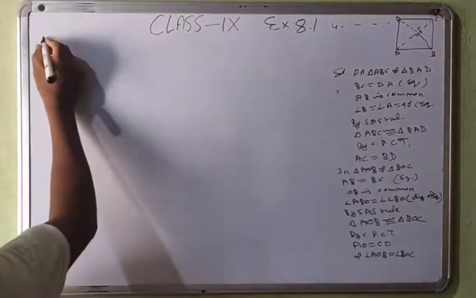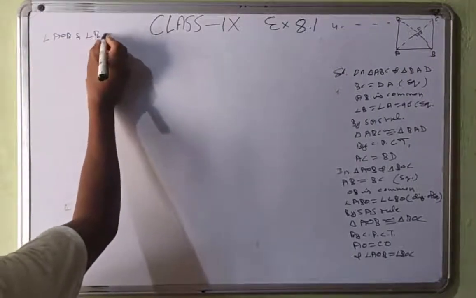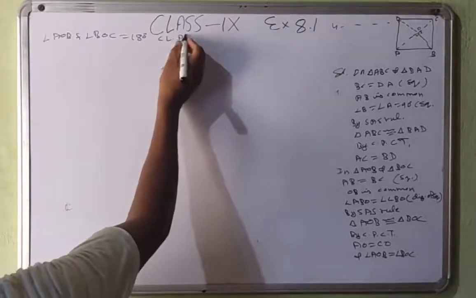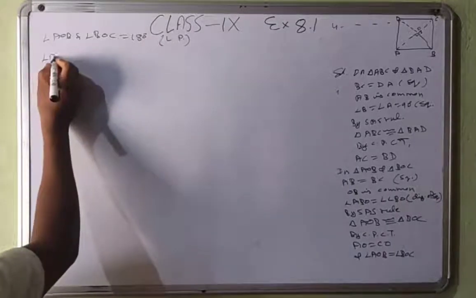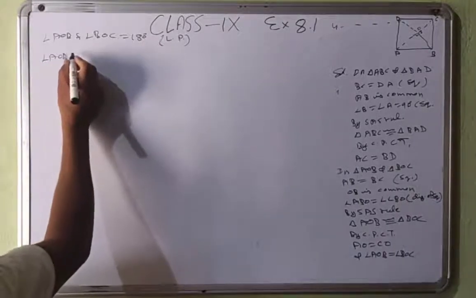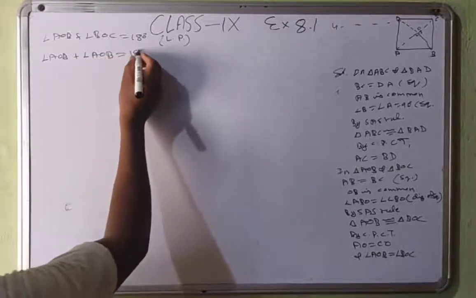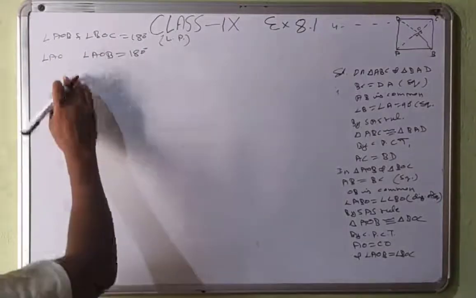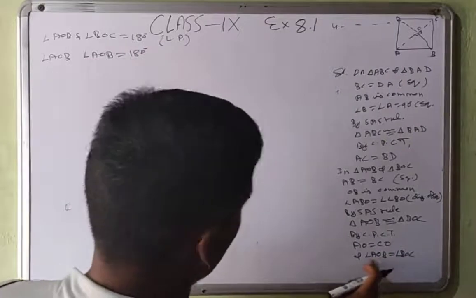Now angle AOB plus angle BOC is equal to 180 degree by linear pair. So angle AOB plus angle AOB is equal to 180 degree, because BOC is equal to AOB.